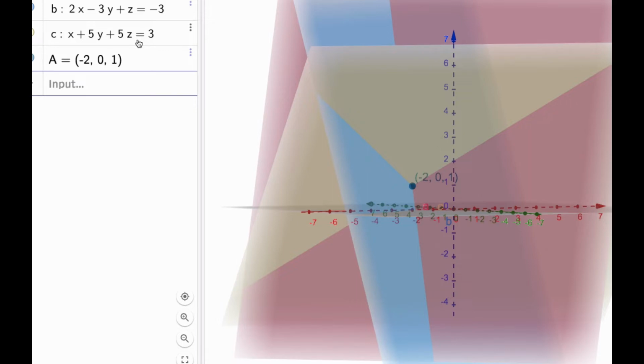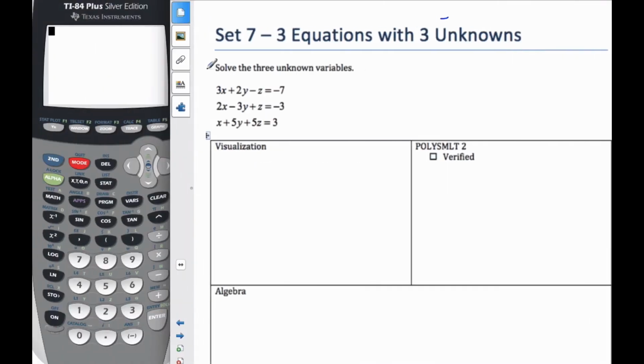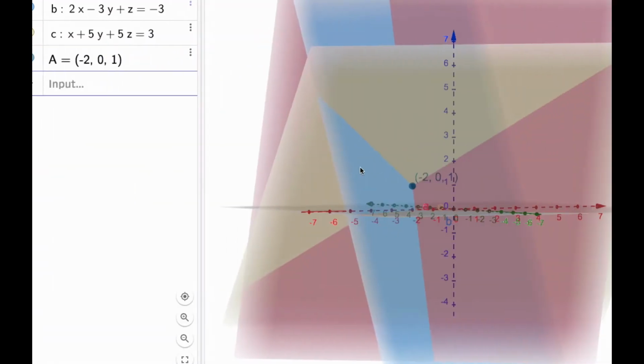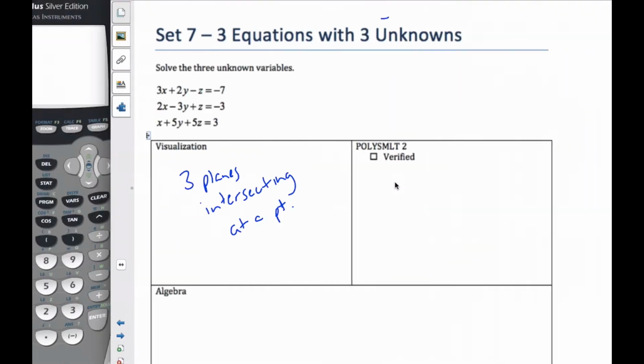They don't always have to, but for the ones that we're doing, they're always going to have a nice answer like this. So the visualization is three planes intersecting. I'm not even going to try to sketch this. Okay, and so I can see from here, I believe the answer is (-2, 0, 1).